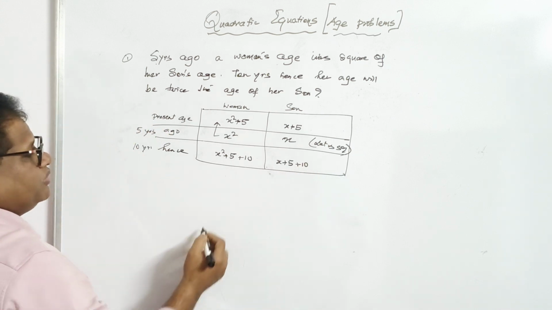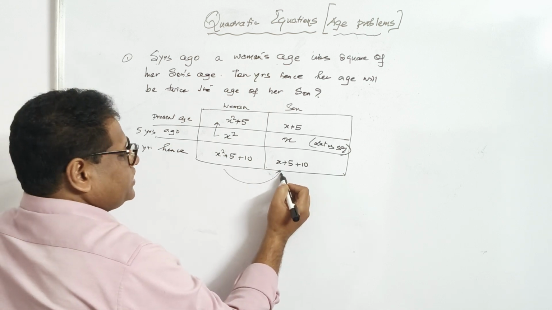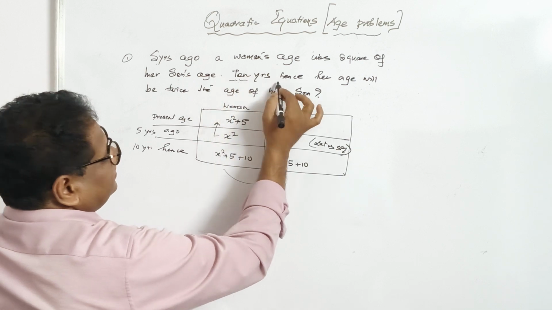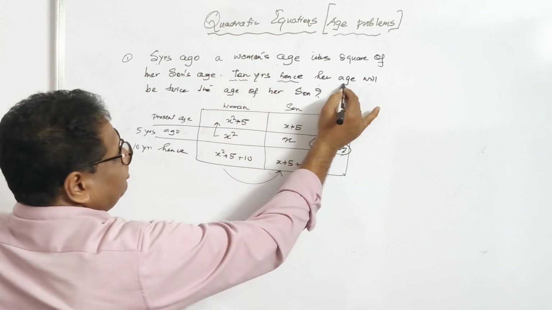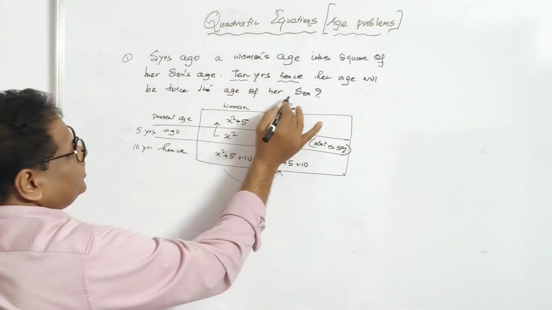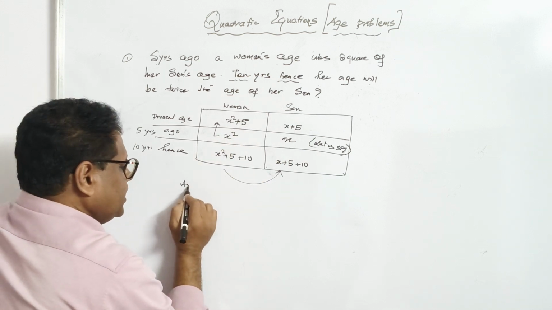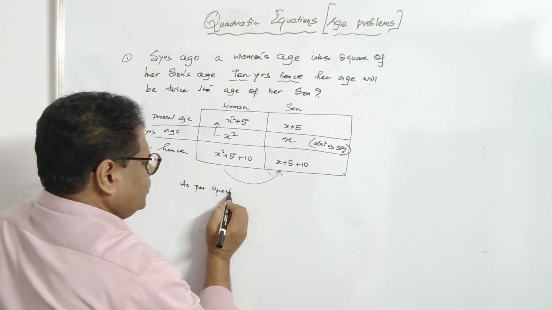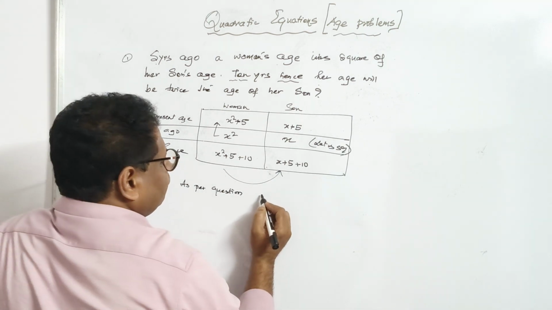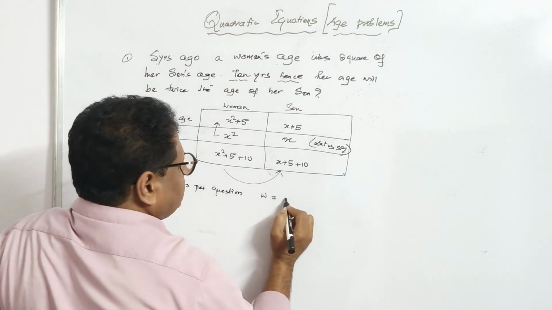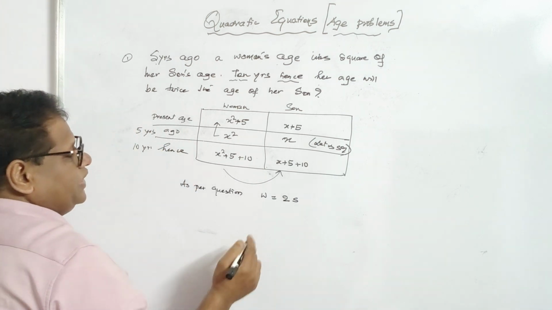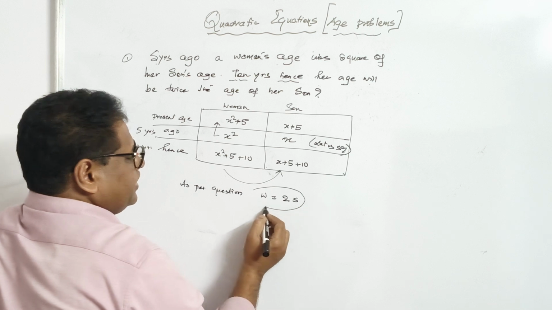Now come to the equation. What does the equation say? The equation says that after 10 years, the age of the woman will be twice the age of her son. So please frame this equation, it's very important.